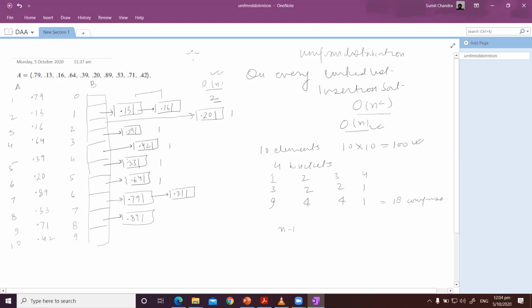Here we have the worst case, so 4 comparisons, here one comparison. Since a single element needs no comparison, the total is 2 plus 4, 6 comparisons. So instead of 100, we are having 6 comparisons for 10 elements. This is the bucket sort.